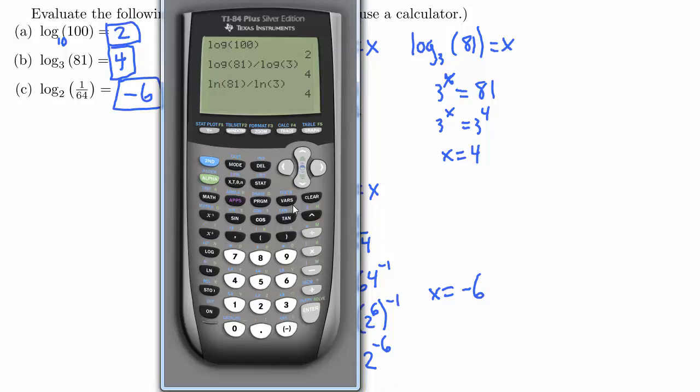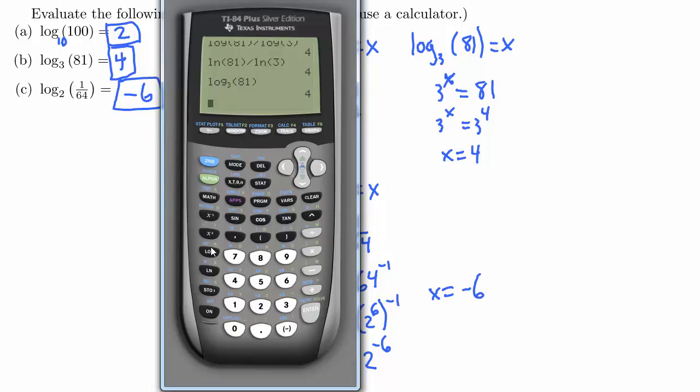And this can be done on any calculator that you have. This calculator, however, has the built-in function of log base. If you click math and then go up 2 places, you should see log base. So this is log base 3, go right 1, of 81, and then you just click enter and it tells you what it is. It's 4. The same thing for C.